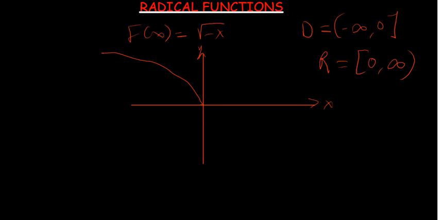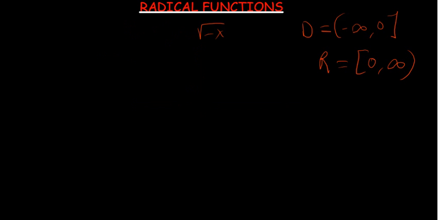Now, what if we have got a negative outside and a negative inside? How does the function become? So if we have got f of x being equal to negative root of negative x, what is important for us to note is the inside should always be positive, and so we just need to take the negative portion of x.